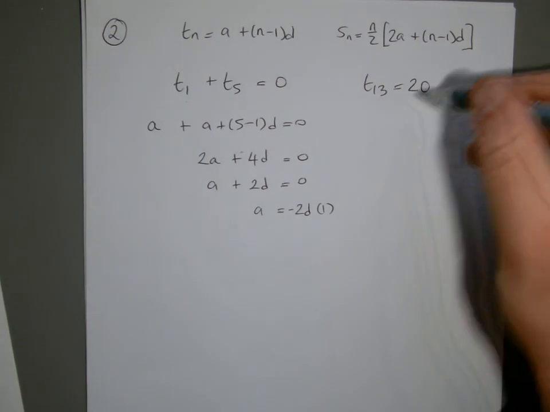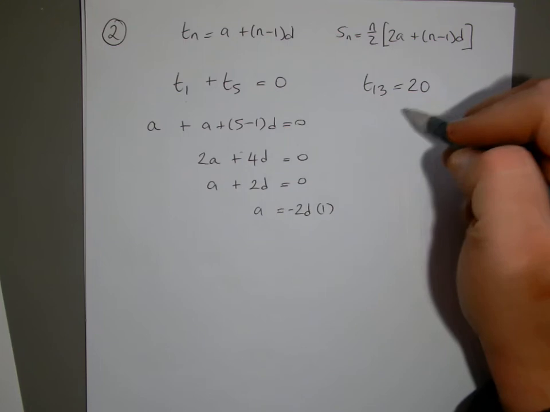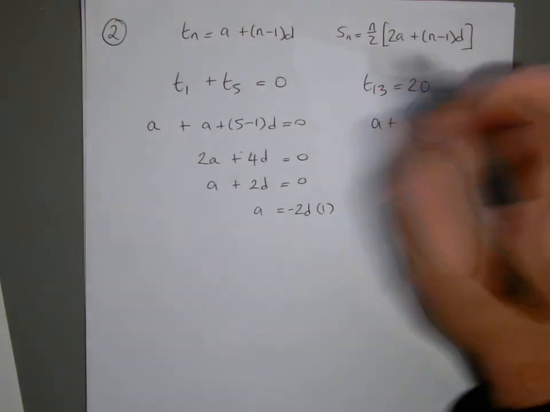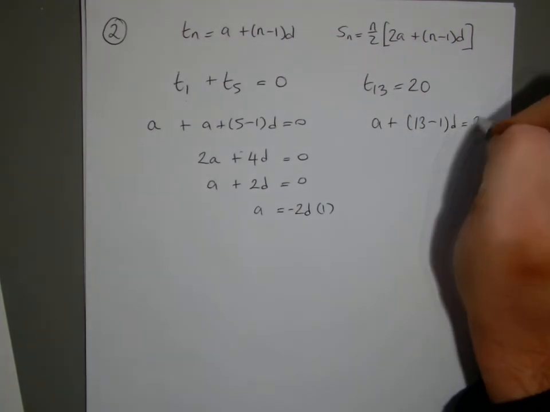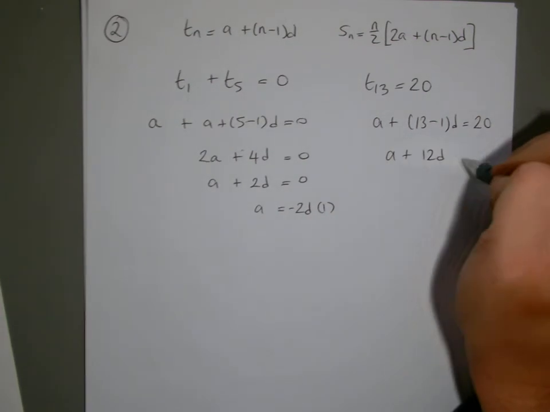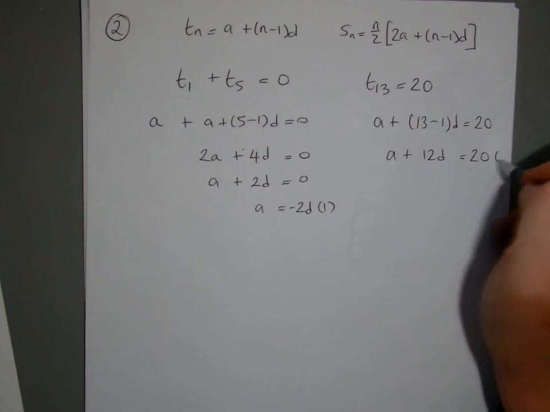We can then sub it in then to equation 2, yeah? When we establish that, the 13th term is 20. So A plus 13 minus 1 times the difference is 20. So A plus 12D is 20. Now, we call that equation 2.